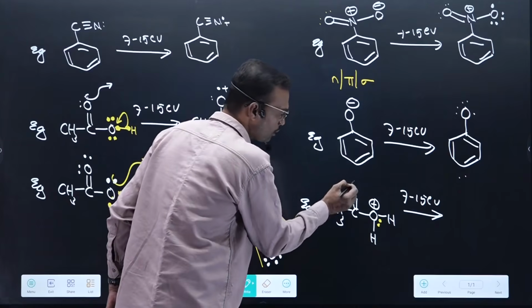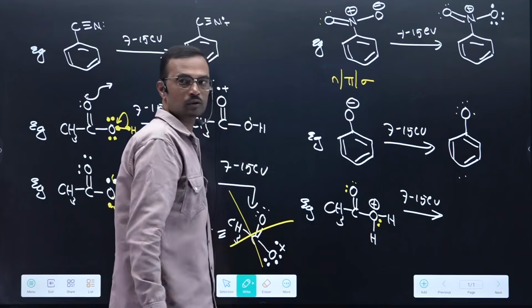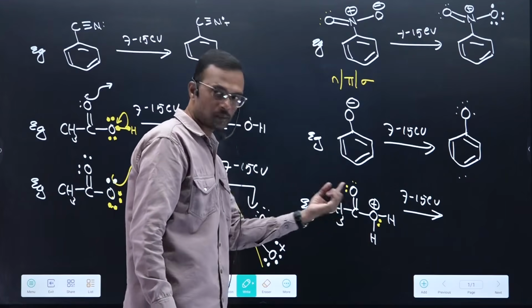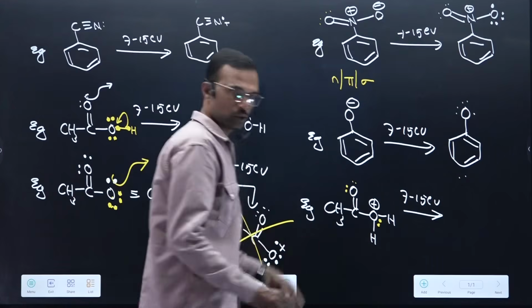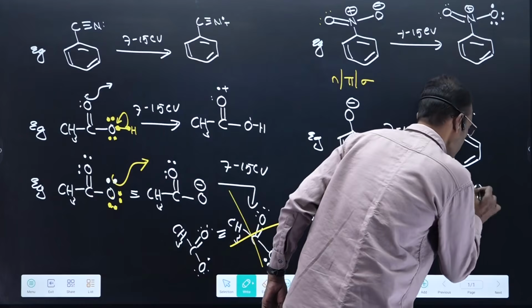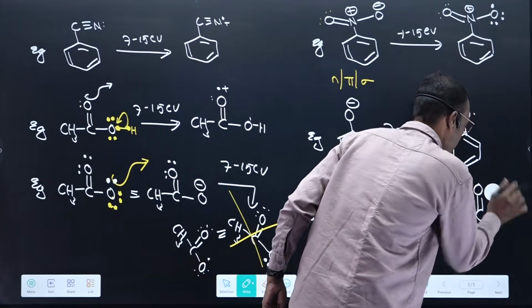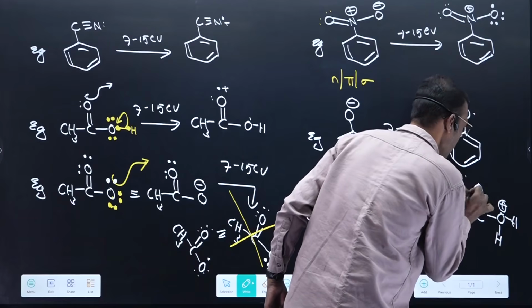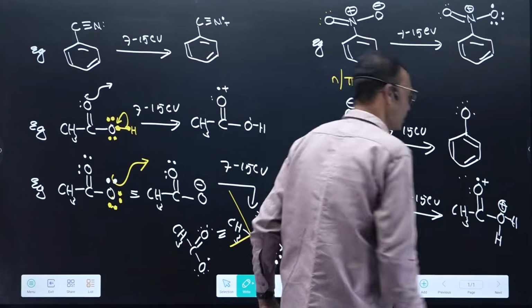Here how many lone pair? 2 lone pair. Where you will remove electron? 2 lone pair. When positive neutral competition comes, neutral. So if I remove electron from neutral, can I get this? This is OHH and this is positive. Here one lone pair, here one radical and this is cation.